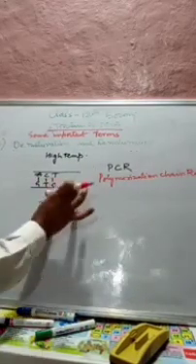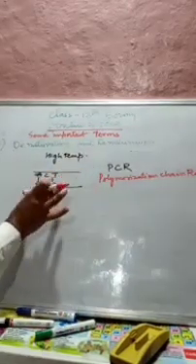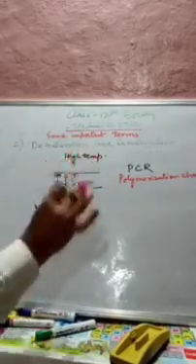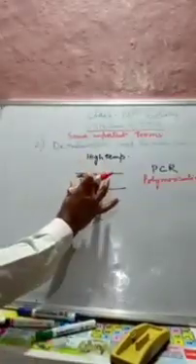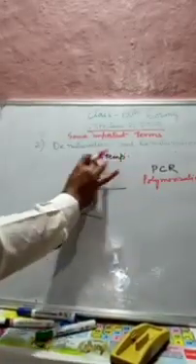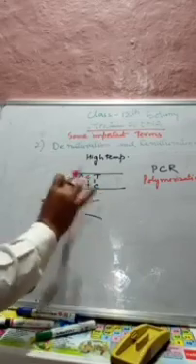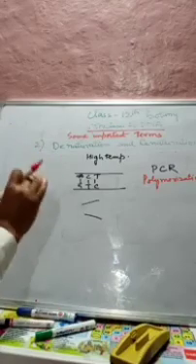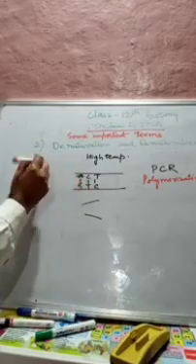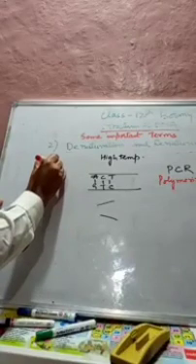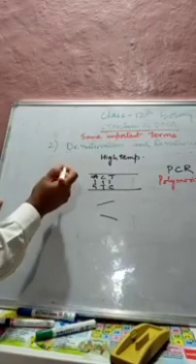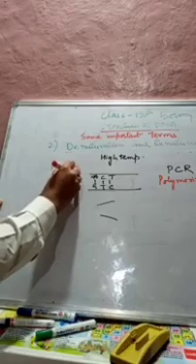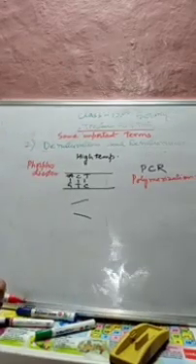But remember that the temperature we give must be optimum and specific, so that this DNA does not get destroyed. Its skeleton and structure must not be destroyed, because there is a strong bond in DNA called the phosphodiester bond, which will be destroyed at very high temperature.